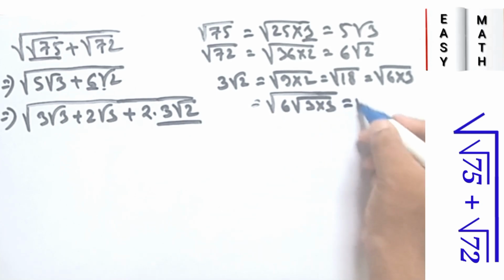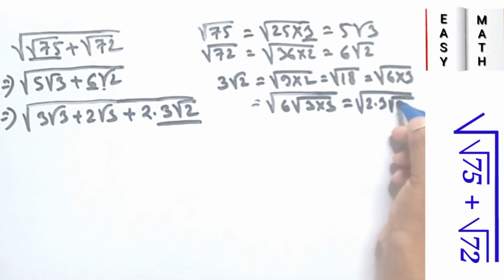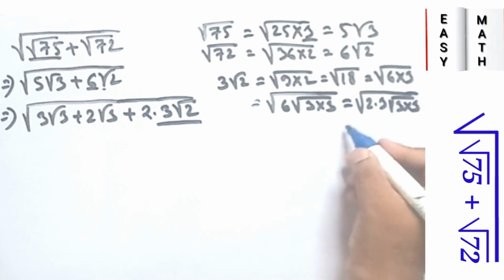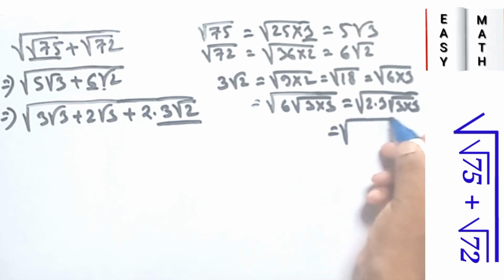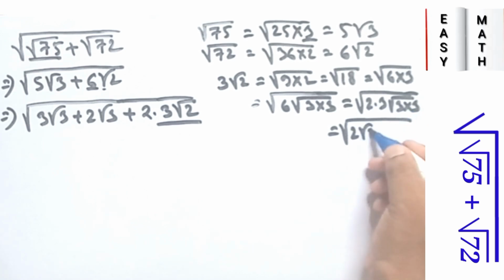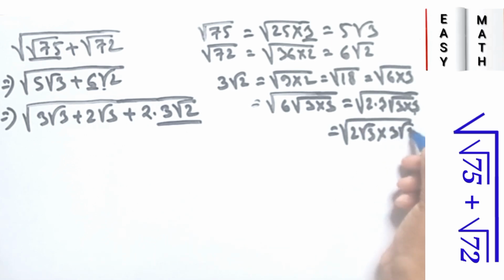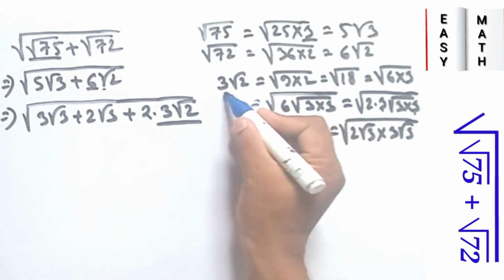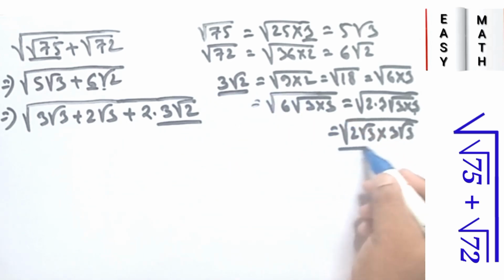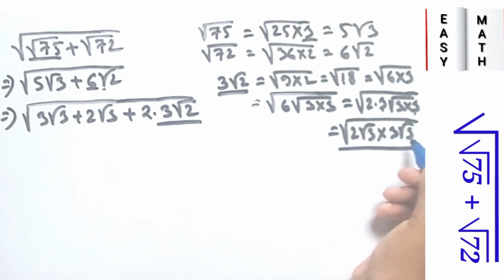This 6 is 2 into 3, so we can write 2 root 3, and another 3 root 3. So this value is 2 root 3 into 3 root 3.